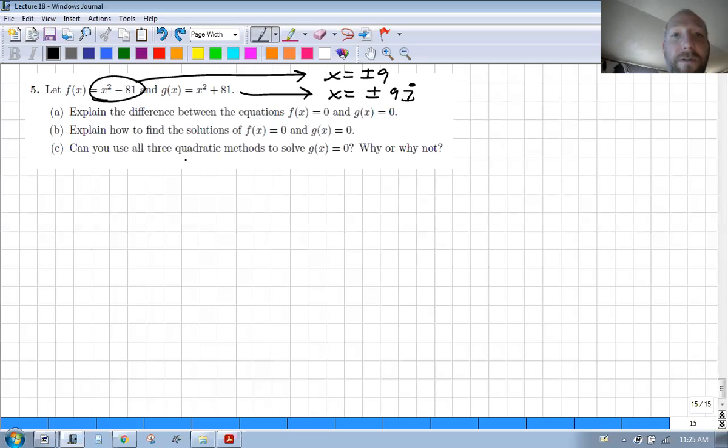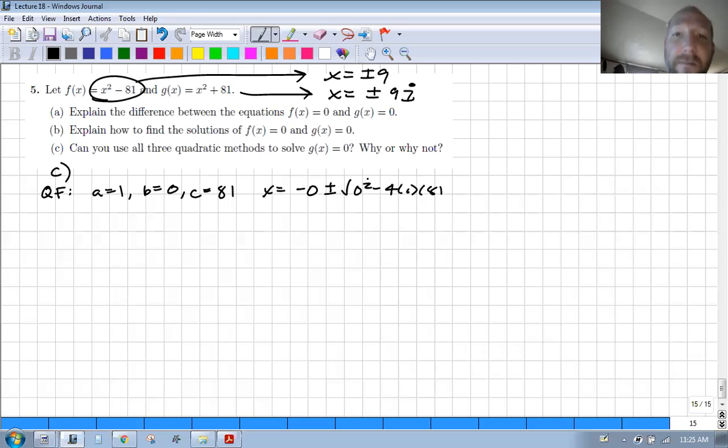Can you use all 3 quadratic methods to solve g of x? I think so. So for part C, let's do the quadratic formula. A is 1, B is 0, C is 81. So x is negative b plus or minus the square root of b squared minus 4ac, all over 2a.